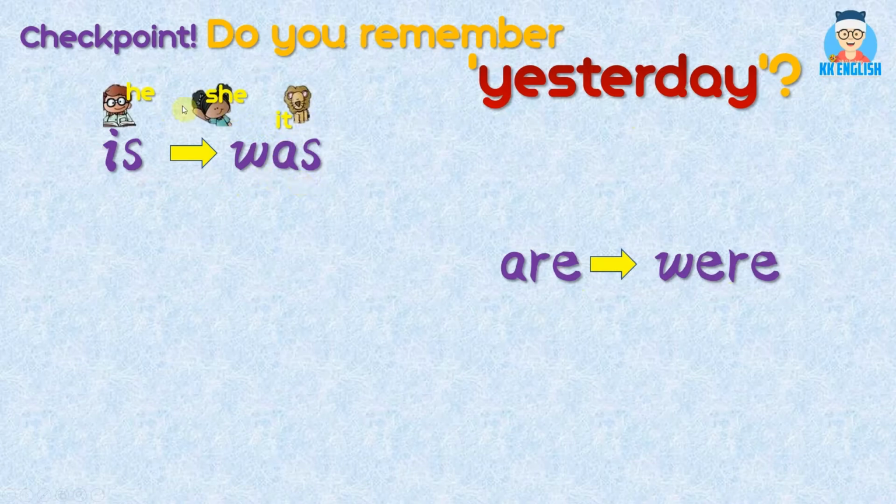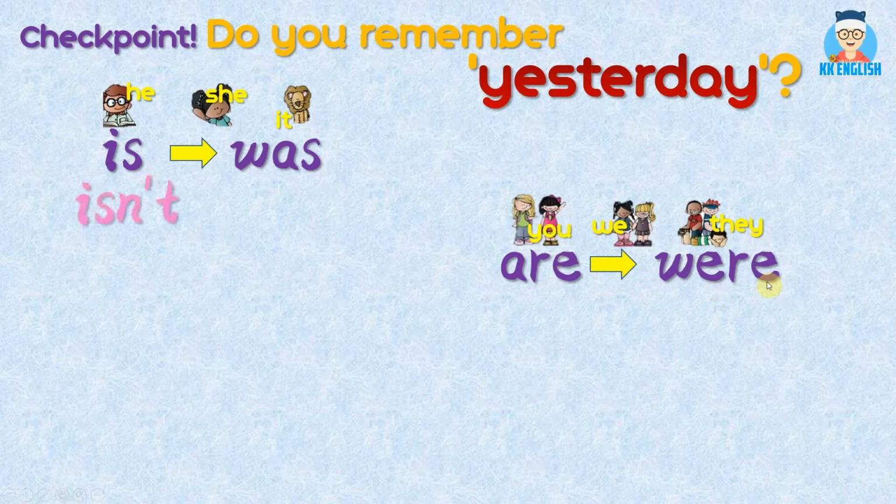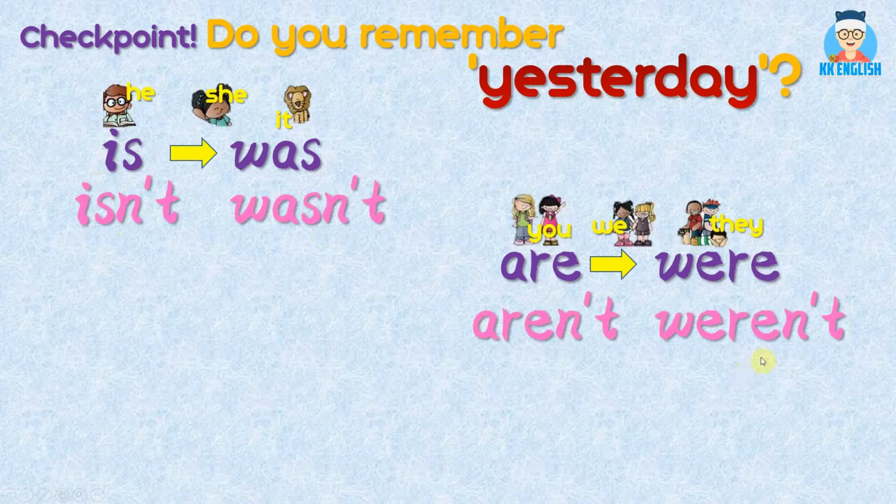was。因为一个人我们都有加 Superman。You, we, they, we use are and were。因为你、我们跟他们，我们后面都是一的。So, is, isn't, was, wasn't, are, aren't, were, weren't.